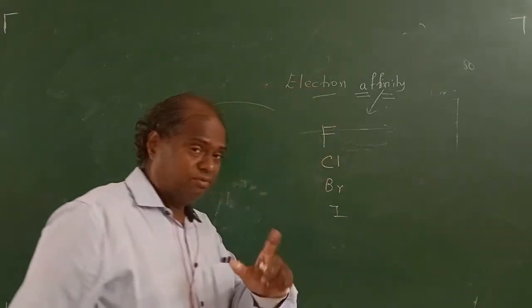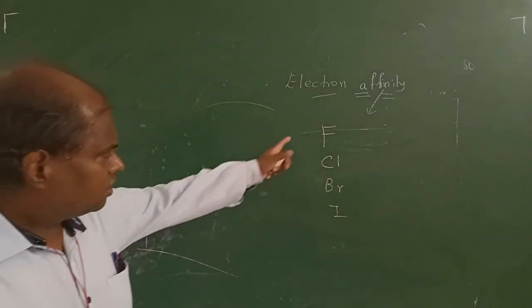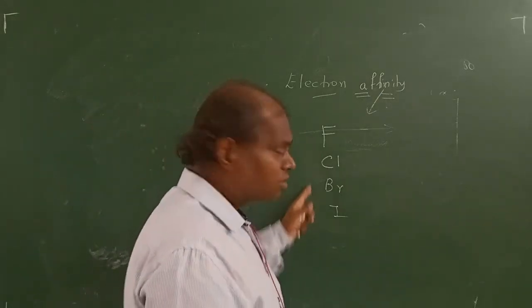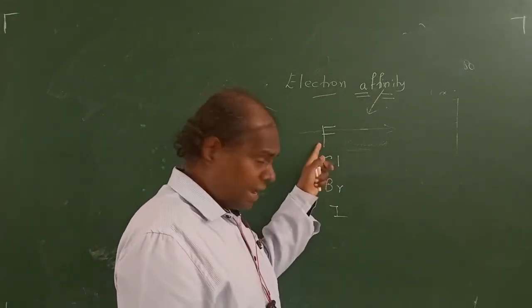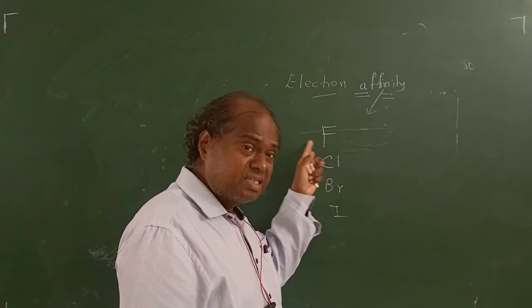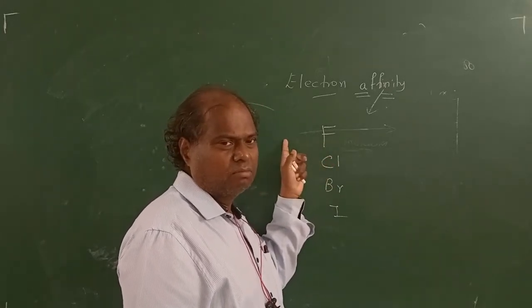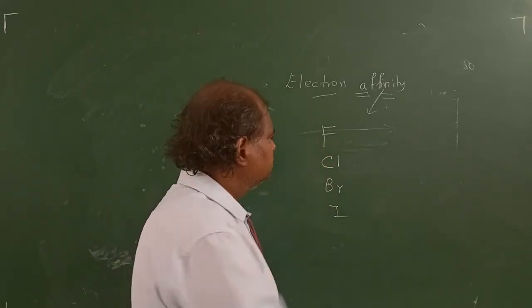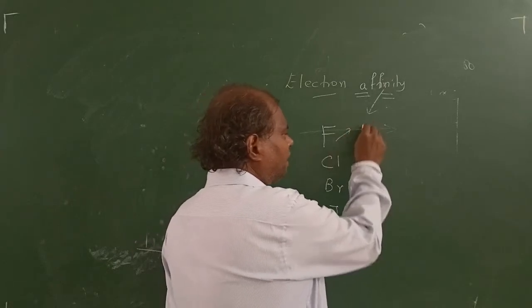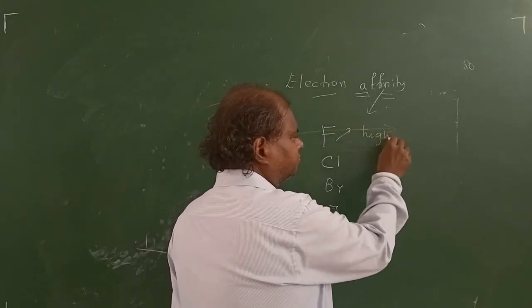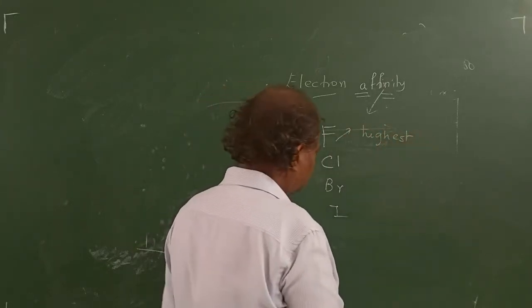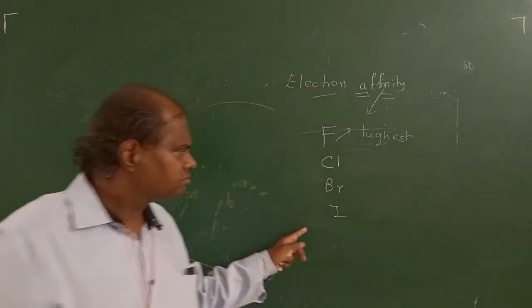Listen to this very carefully, it's a very, very important point. Actually speaking, fluorine should have the highest electron affinity, and it should decrease down the group.